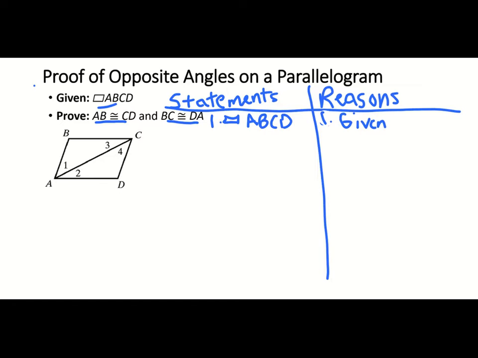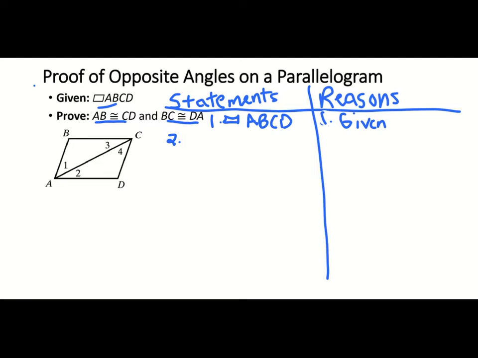Okay, so now we really need to know, what do I know about parallelograms? I'm proving opposite sides are congruent. If I have a parallelogram, you can't assume that people know this, but you have to tell us, all right, well, opposite sides are parallel.